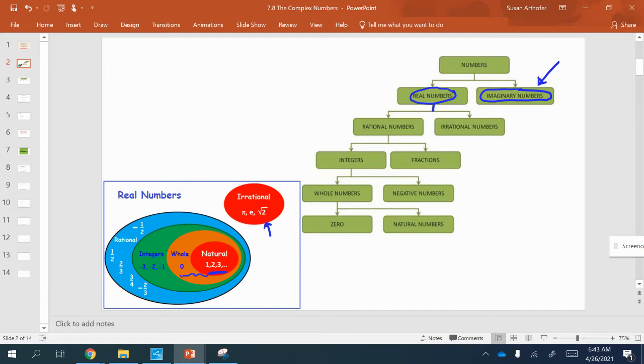And then as math advanced, we thought about negative numbers, and so the integers contain all the negatives, 0, and all the positives. And after that, we figured out the rational numbers, which are numbers that can be expressed in fraction form. Okay, so we're going to focus on imaginary numbers, the other branch of the number system.